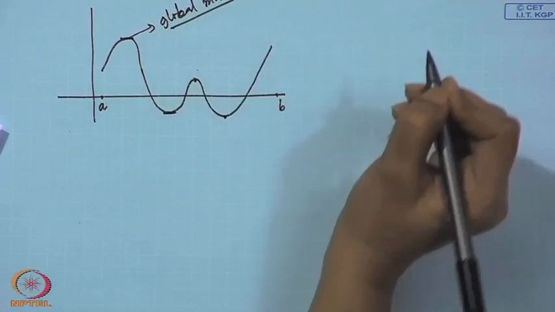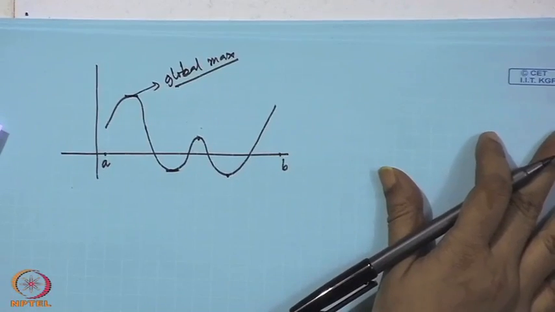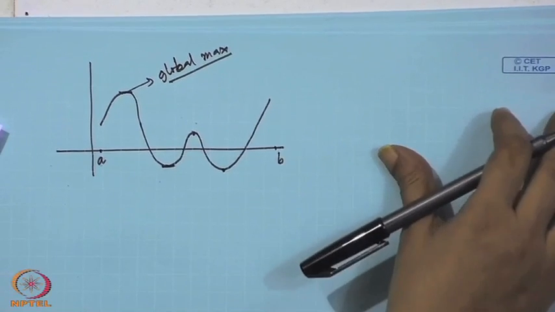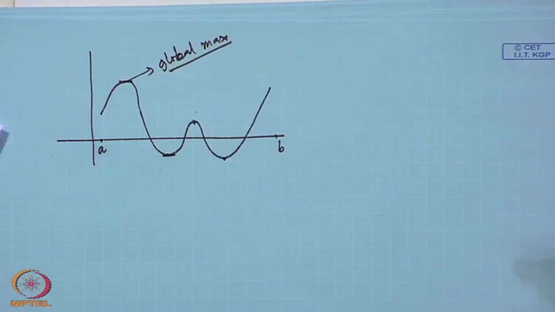The necessary and sufficient conditions we have learned could not tell us anything about global optimality. We need to know something more to say when an extreme point is a global maximum or global minimum.